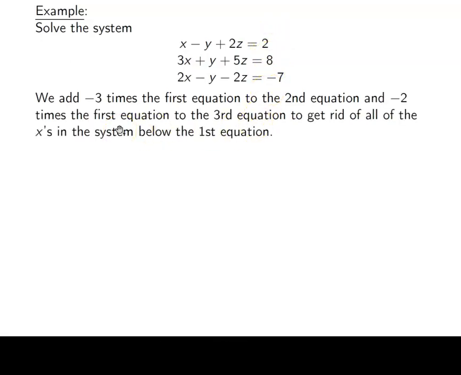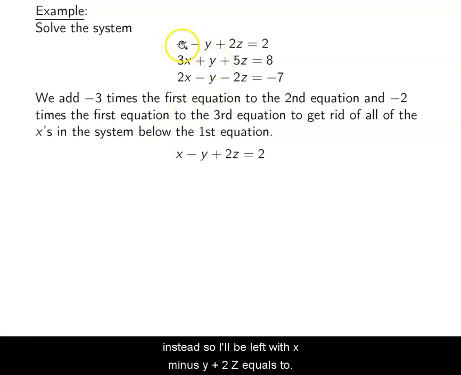Okay, so I can also do this to the last row, because remember, I want to keep this as x, and I want all the things below it to eliminate. So exactly what I did to the second equation, I'm going to do to the last one, but I can't use -3 for the last one because that's not the value I have. So I'm going to use -2 instead.